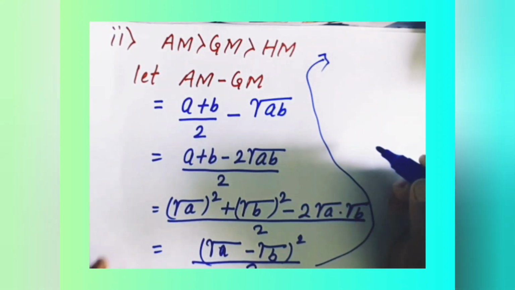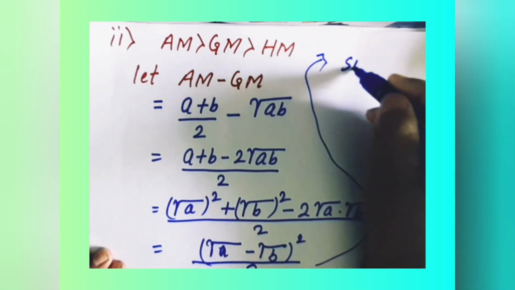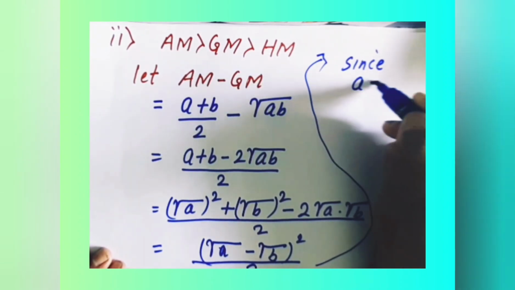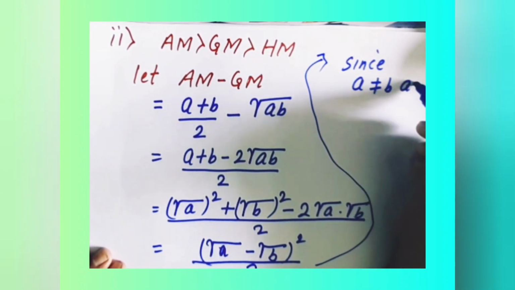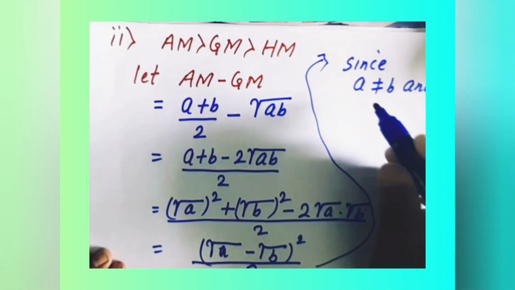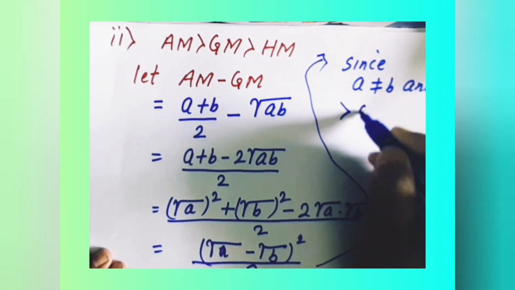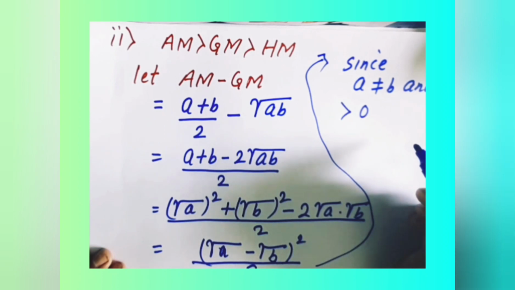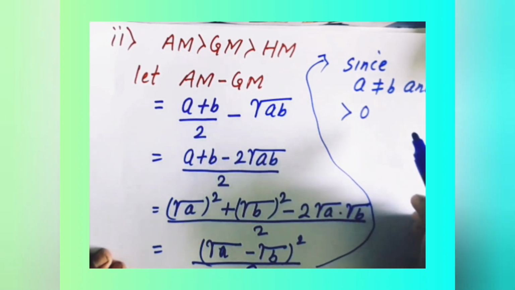That means the square of a real number is non-negative. We know that the square of a real number is non-negative, and here a and b are not equal, since a is not equal to b, so we can write that this is greater than 0.